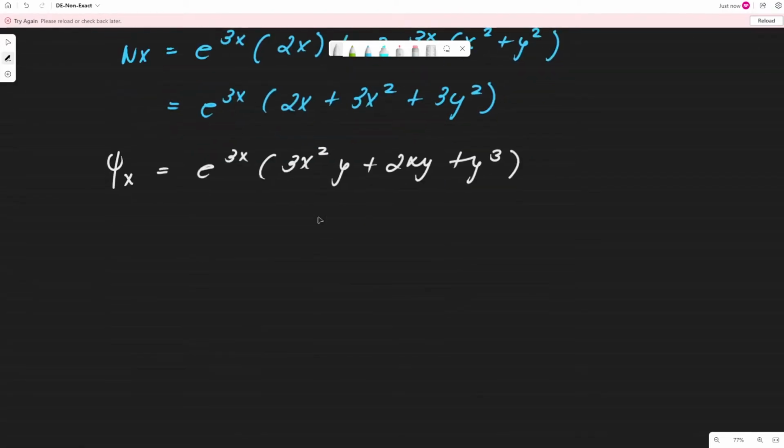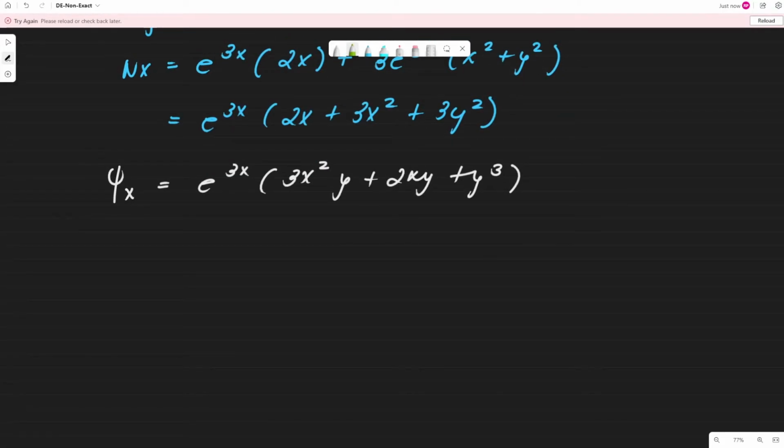Diba? So, we're going to get the antiderivative in respect to x of this whole function. So, we'll have psi is equal to, so distribute lang, actually, pwede natin gawin dito? Sige, distribute na lang natin.